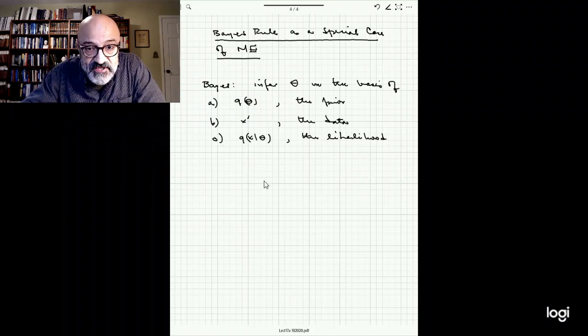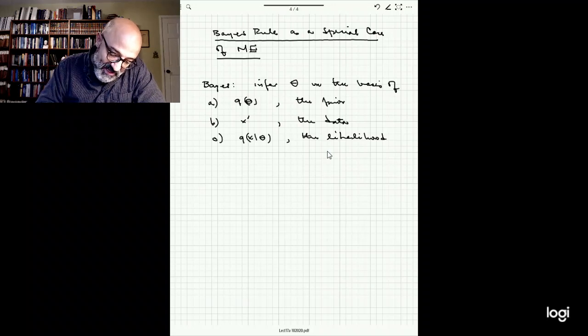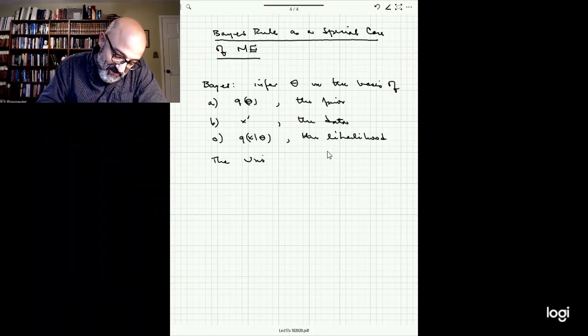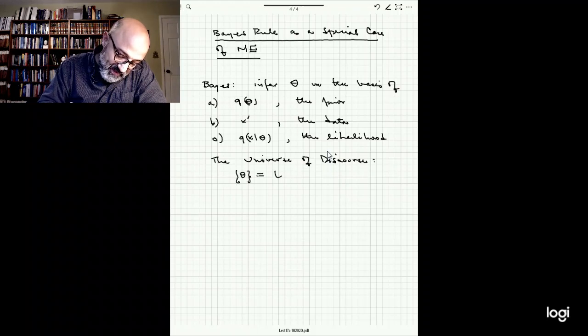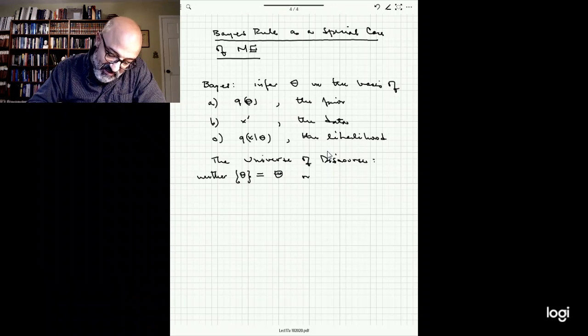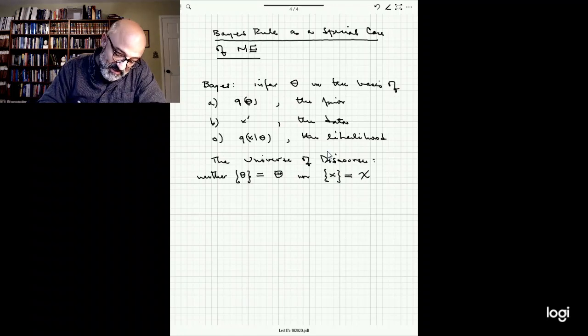The first crucial comment that one has to make in a problem like this is that the actual space of variables that you're talking about, if we try to be a little bit pedantic, we would say the universe of discourse, is not just the space of thetas, capital theta, nor the space of possible data, but the whole joint space.